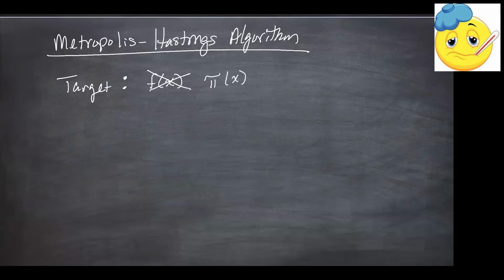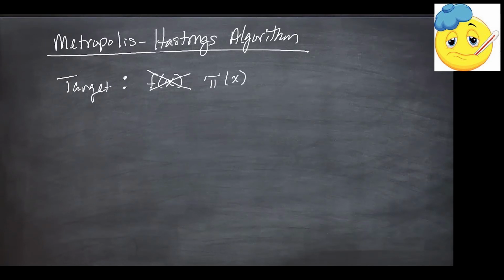And x can be very high dimensional here. It often is. I've done the Metropolis Hastings algorithm where this x was 2 to the 500 by 500 dimensional. It can be quite large. Doesn't have to be.